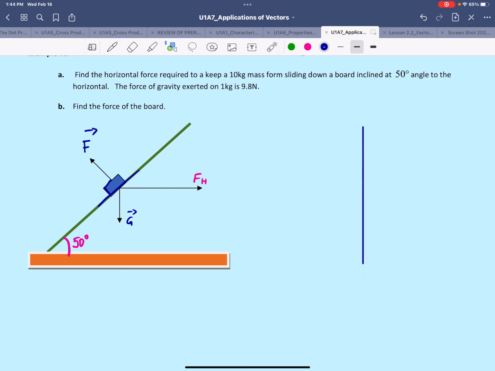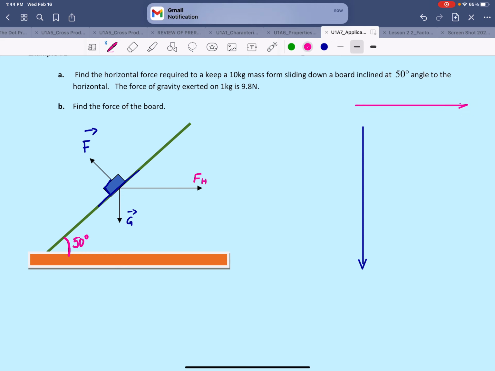It is represented by a vertical line. And then we have the vector that represents the horizontal force. So that would be the horizontal force right here. Again, keep in mind that we haven't connected the angles, the vectors yet. Now the third force is this one here.